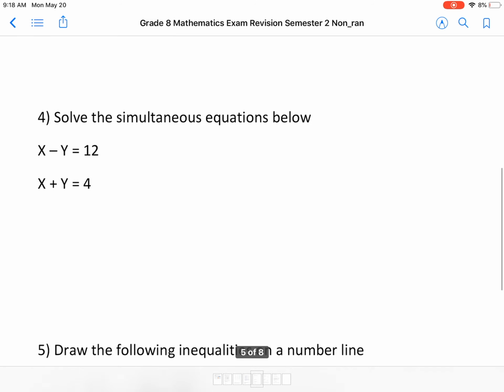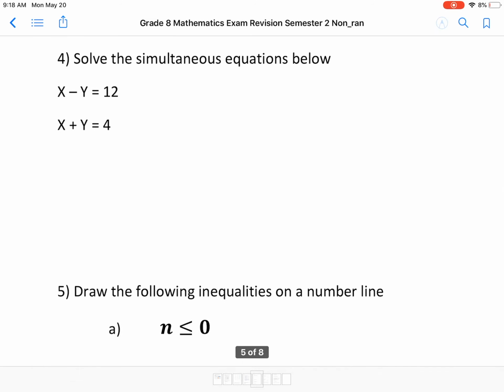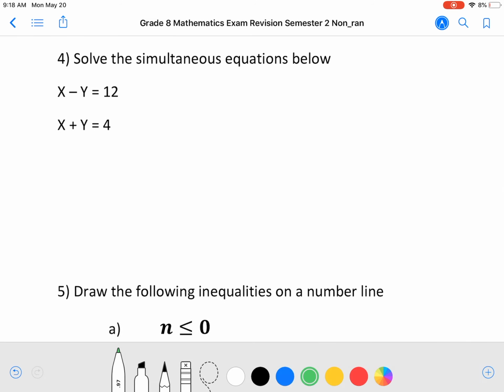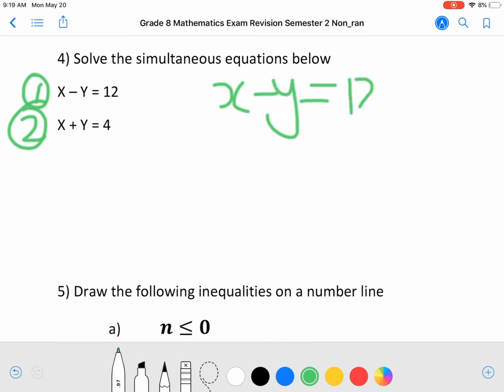For question number 4, we have simultaneous equations. An easy way to do this is to say we have formula number 1 and formula number 2. We have x minus y is equal to 12.